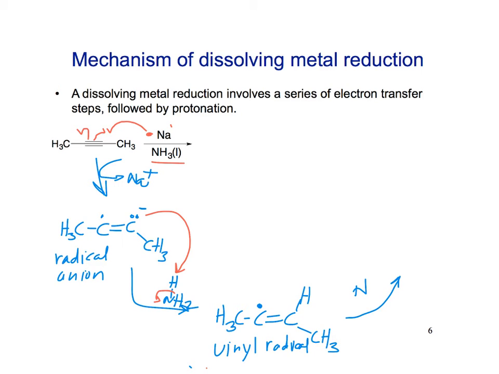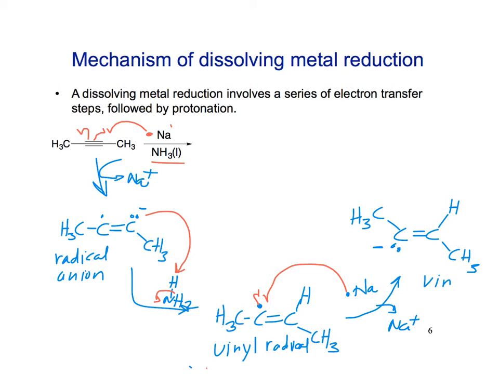Sodium donates another electron to that radical. So we combine these two together, gives us off another sodium plus, and this vinyl anion.